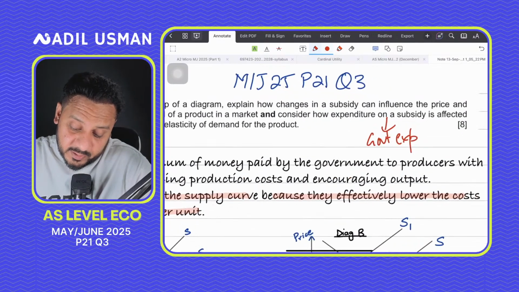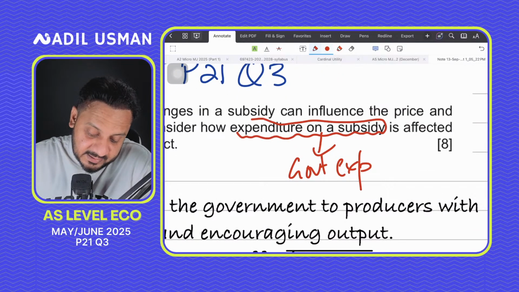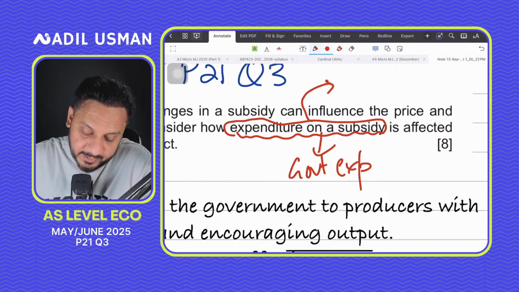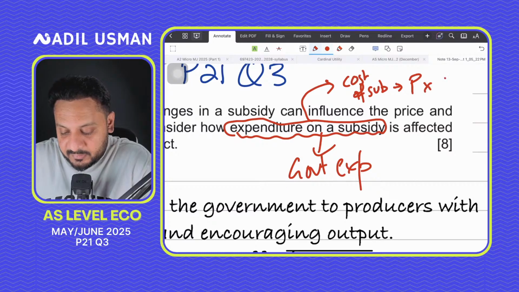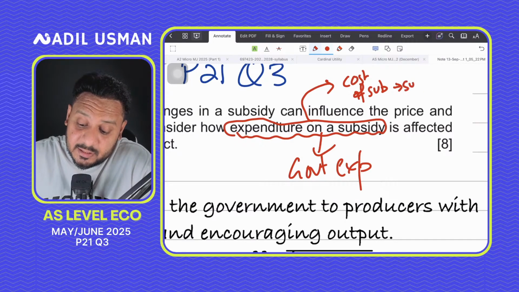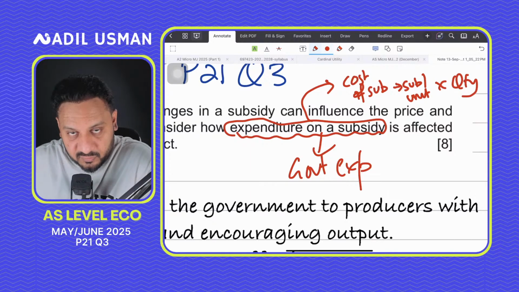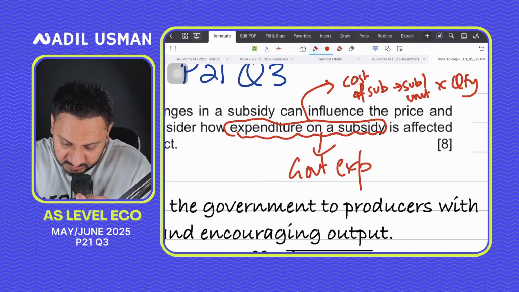If I were to give you a hint, the government expenditure on a subsidy is basically influenced by the cost of subsidy to the government. And that is basically, sorry, not the price times quantity, it is the subsidy per unit times the quantity that is being produced and sold in the market. That would determine the final cost to the government of the subsidy, right?